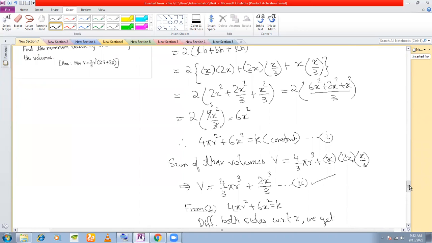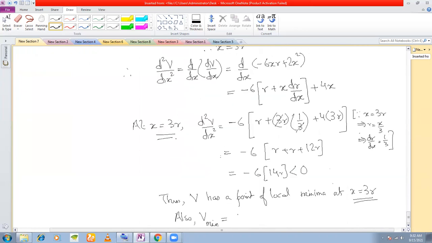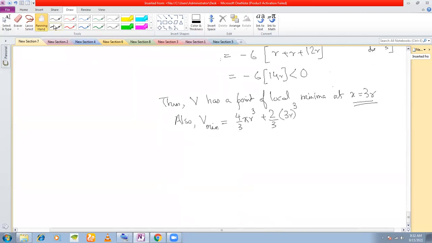It was 4/3 pi r cube plus 2/3 x cube. x we have got as 3r. Okay. So what is the minimum volume? 4/3 pi r cube plus 2/3 into 27 r cube.